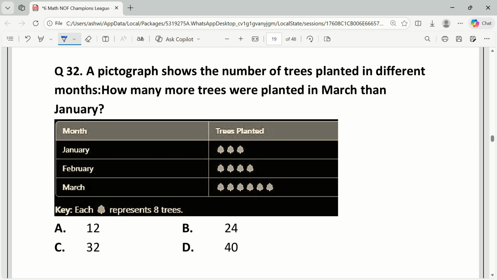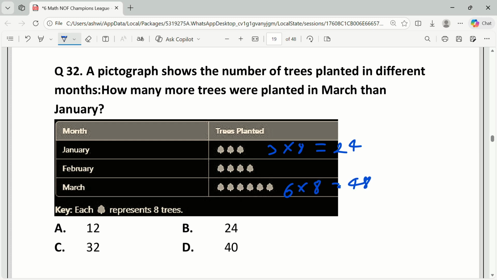Question 32. A pictograph shows the number of trees planted in different months. How many more trees were planted in March than January? The key states that each tree icon represents 8 trees. January has 3 icons, that is 3 into 8, which is equal to 24 trees.